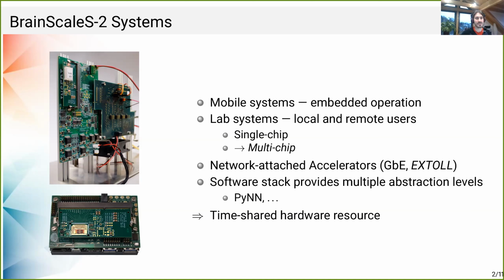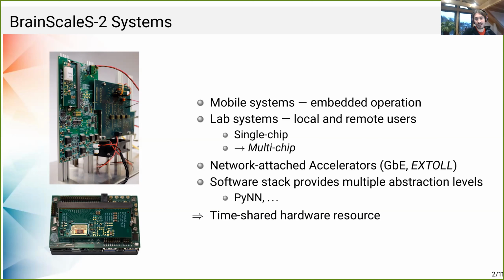We have lab systems, single chip systems for local and remote users. And we are currently working on a system which is called Frankenstein, which is basically a multi-chip system. They generally work as network-attached accelerators, except for the embedded system. So this means you can access them via Ethernet, gigabit Ethernet, or 10 gigabit Ethernet.